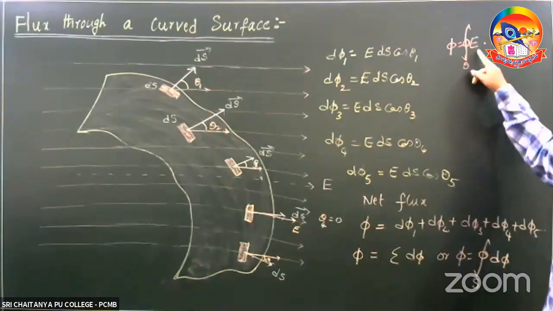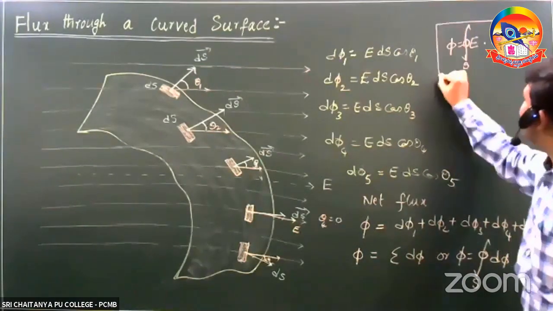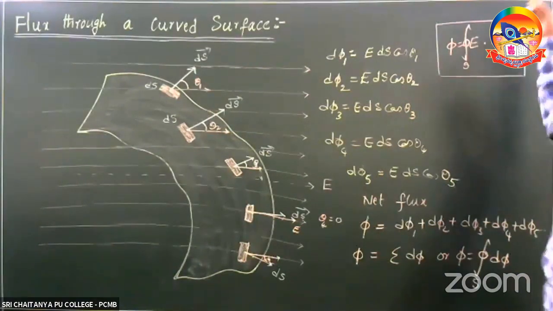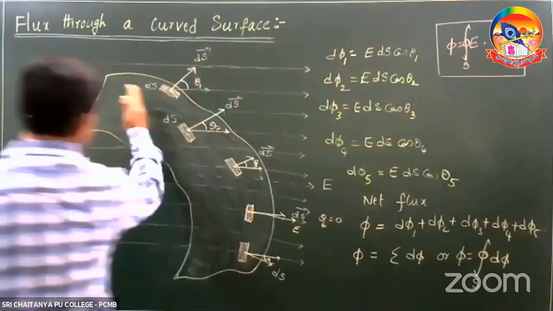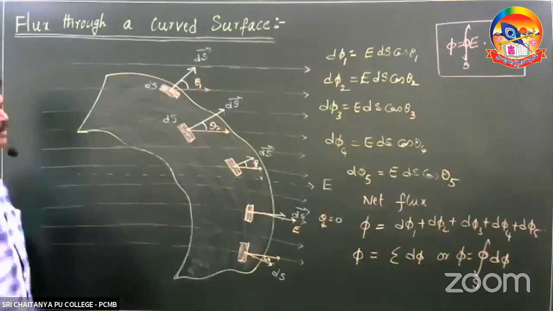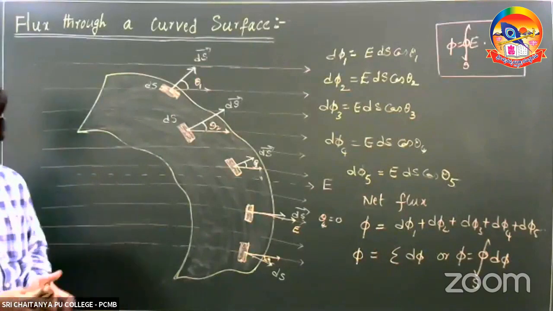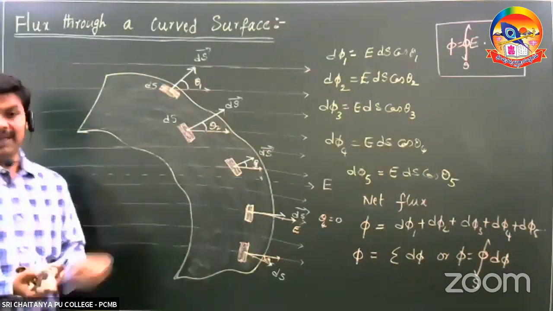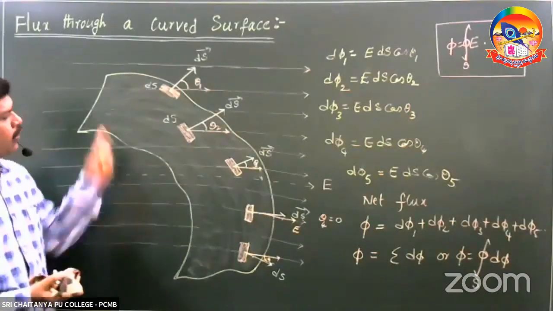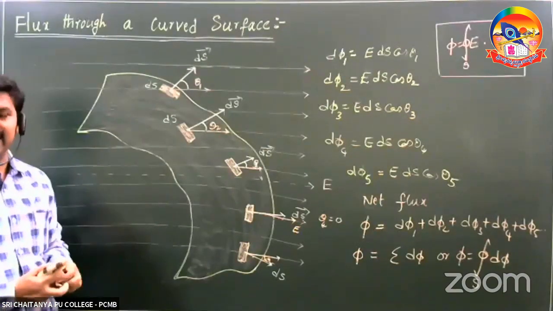So phi equals integral E dot ds. This is the formula we generally use in our coming discussion for solving, right? For what type of bodies? For curved surfaces which are not symmetric, unlike plane surfaces like a square, a disc, a cube, we go with this formula. Phi is equal to integral E dot ds, right?